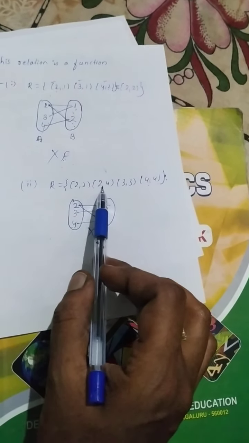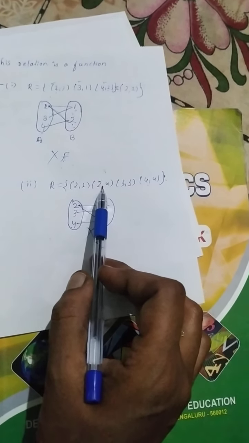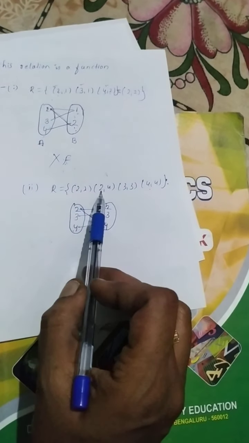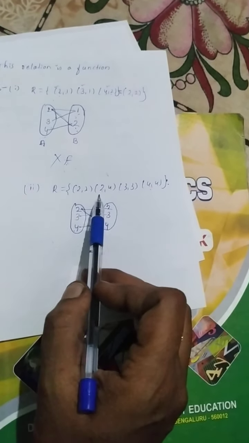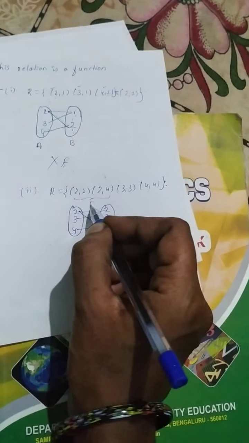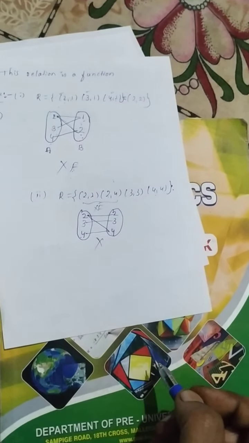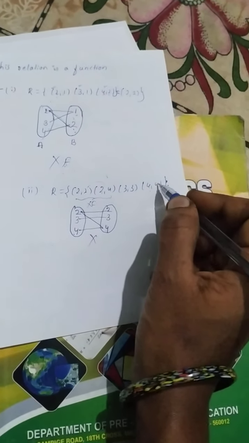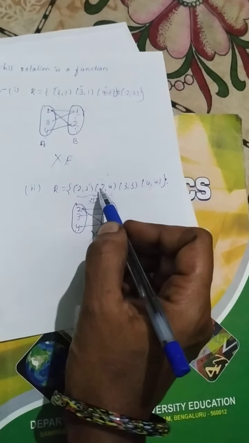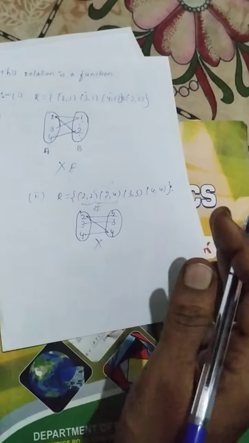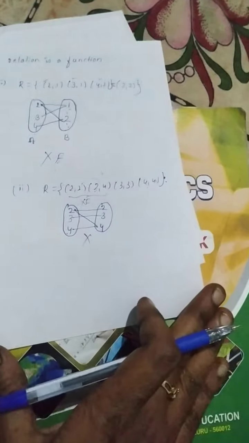The first elements should be different. If two ordered pairs have the same first element, then you can say this is not a function. The second element may be repeated, but if the first element of any two ordered pairs is the same, you just write directly that it is not a function.